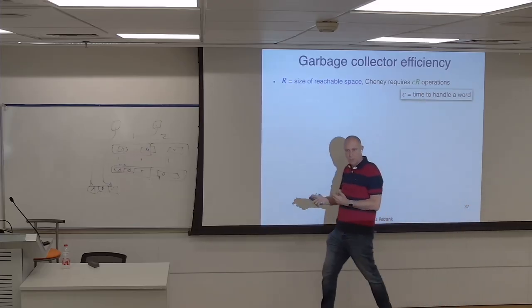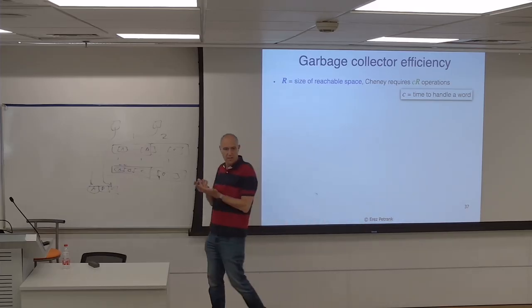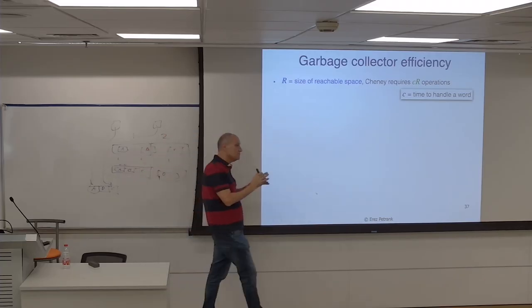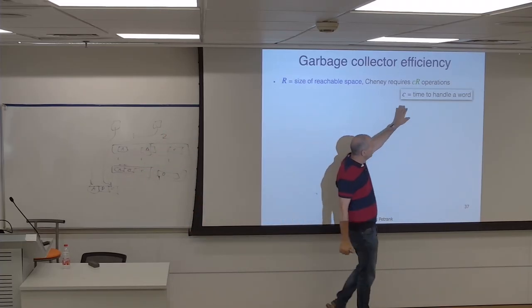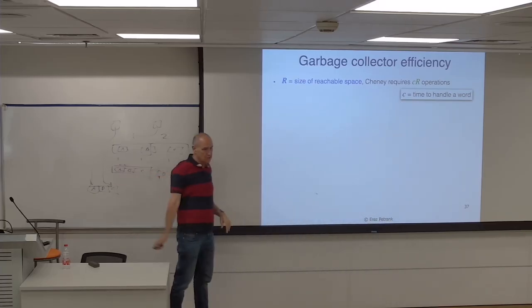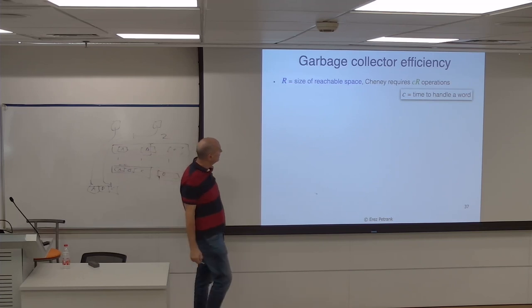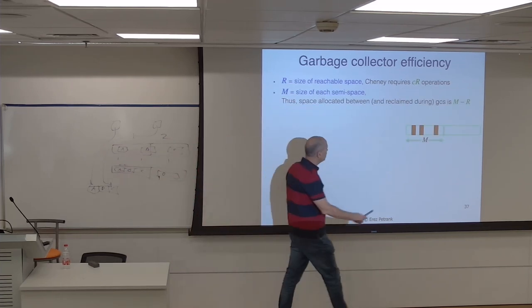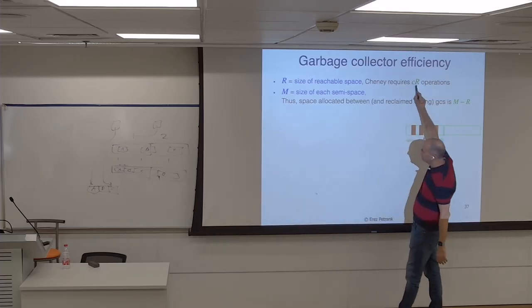C is the time it takes to scan a word. You have to copy a word, and then you have to scan it to see if you have to copy its descendants. Let's call that time C. That's the time I need to handle a word. So doing all the collection will take me C times R. So CR operations will take a full collection.